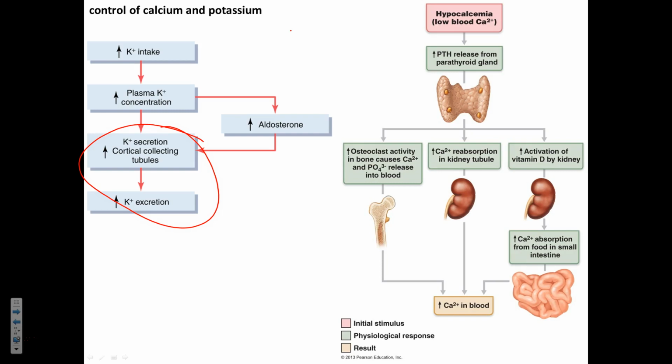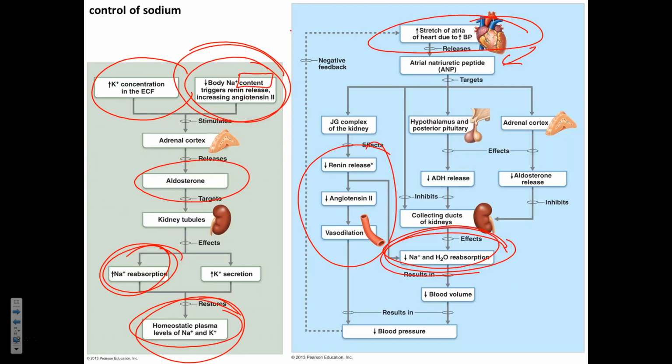Second step, aldosterone. If we go back for 1 second, elevated potassium concentration in extracellular fluid triggers aldosterone release, which leads to potassium secretion. Does that make sense?